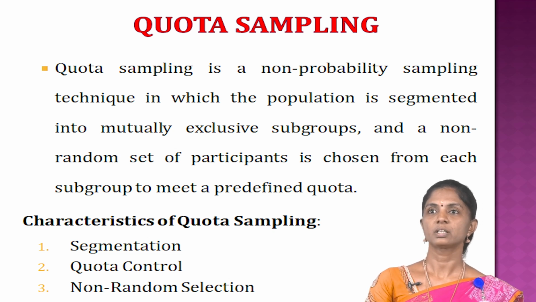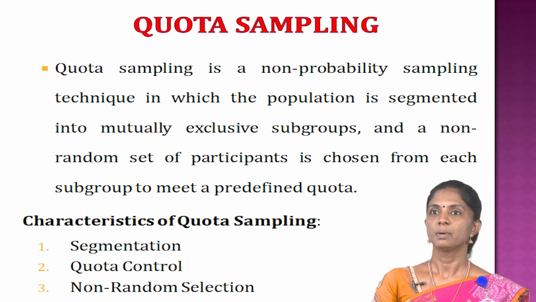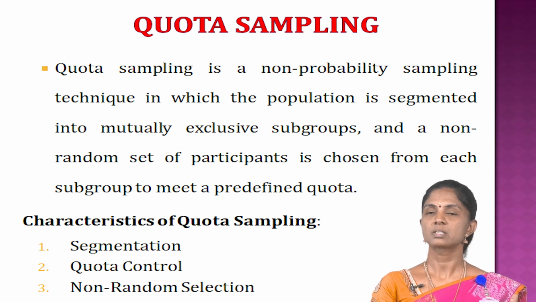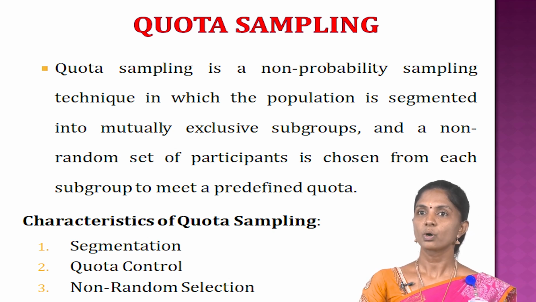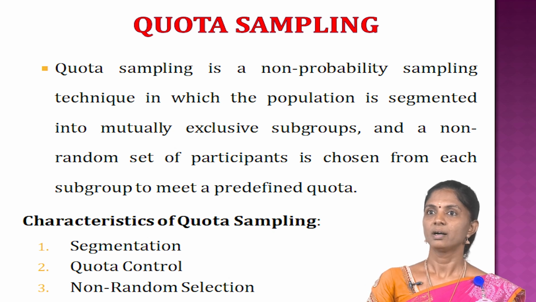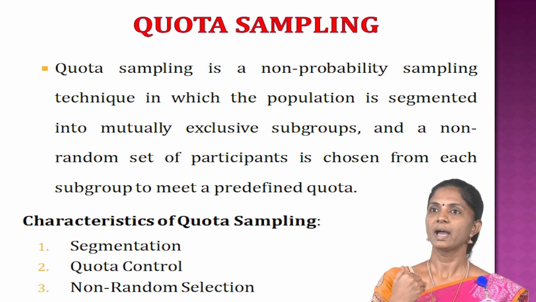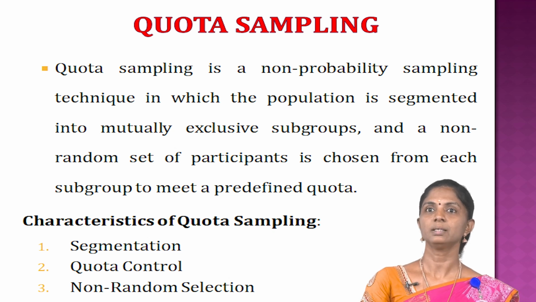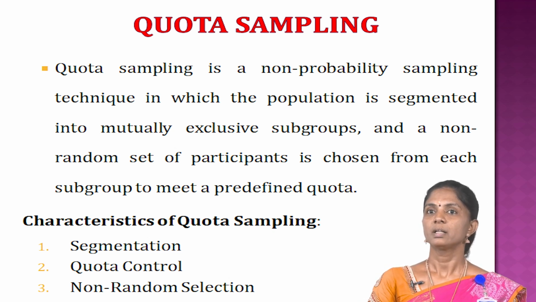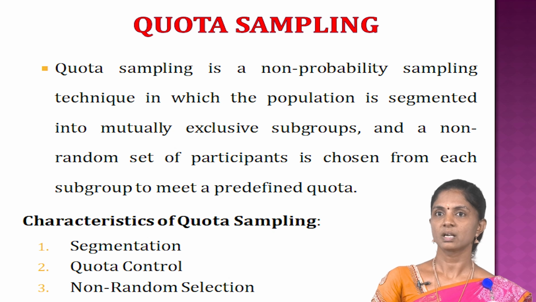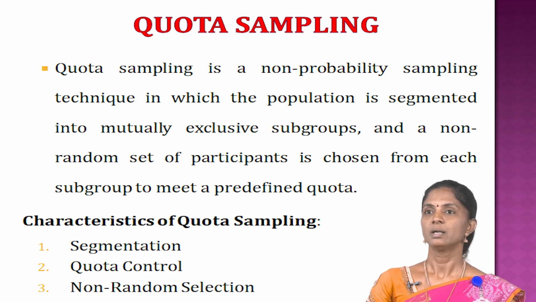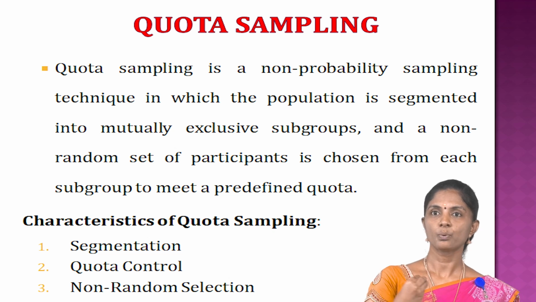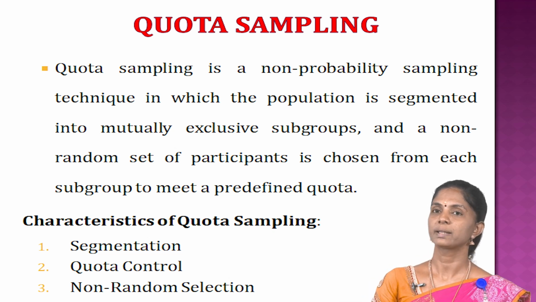Compared to probability sampling methods, quota sampling takes less effort. And compared with convenience sampling, quota sampling provides more control over sample composition.